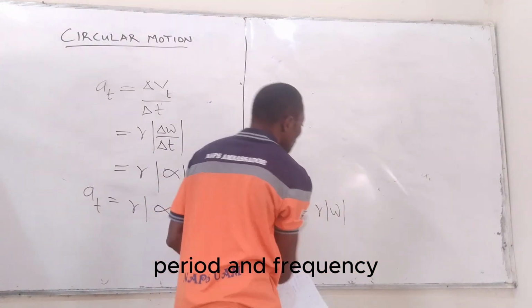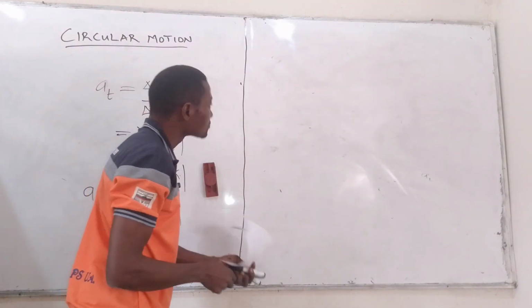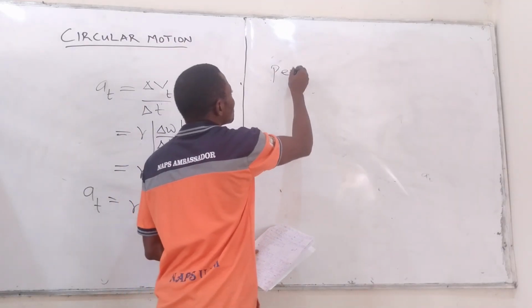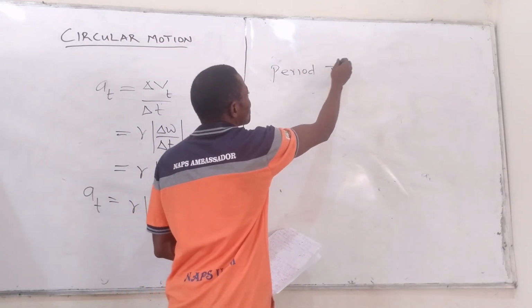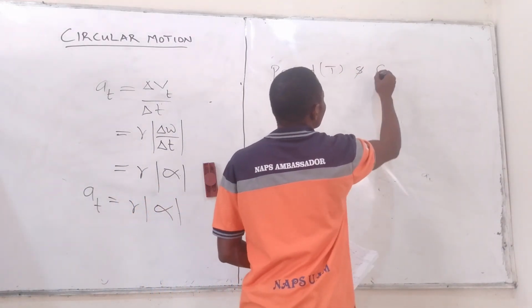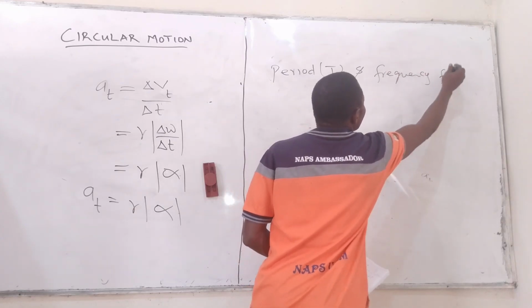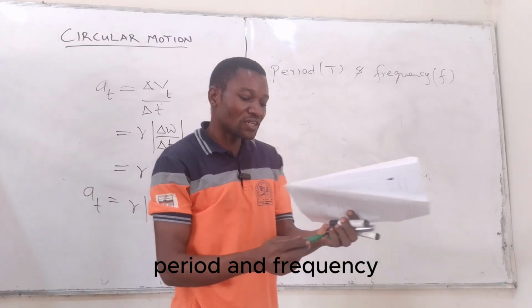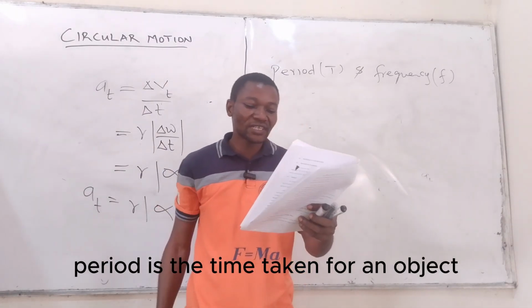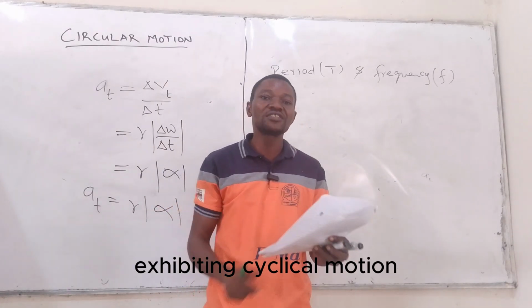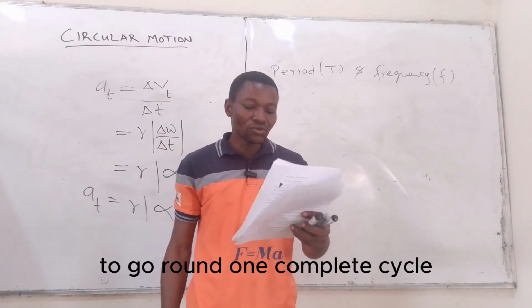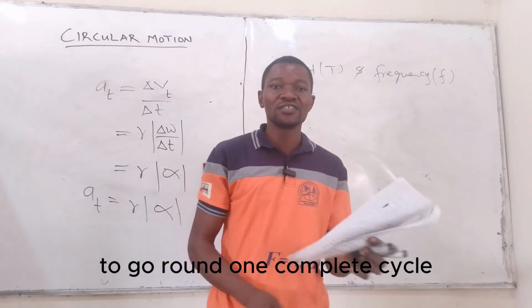Period and frequency. Period is the time taken for an object exhibiting circular motion to go round one complete cycle.